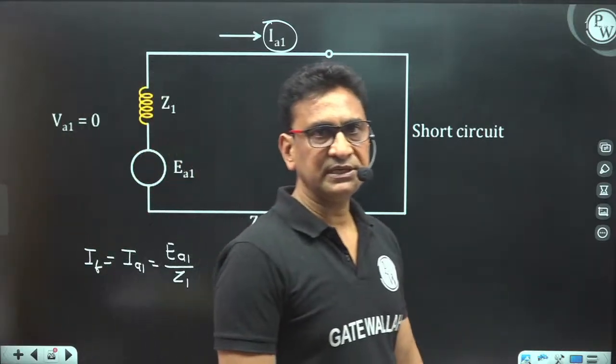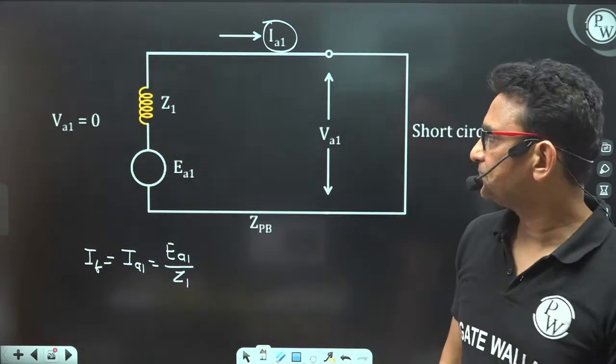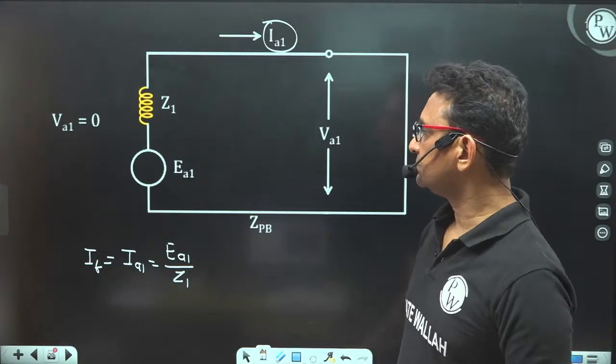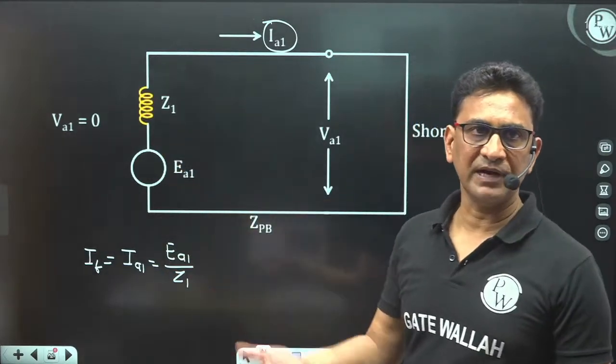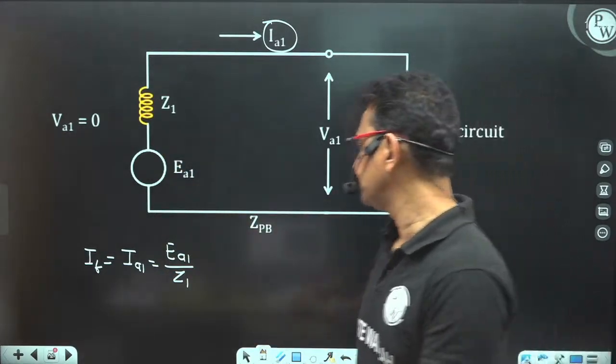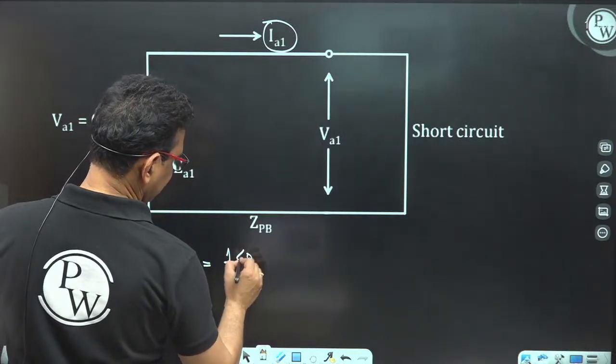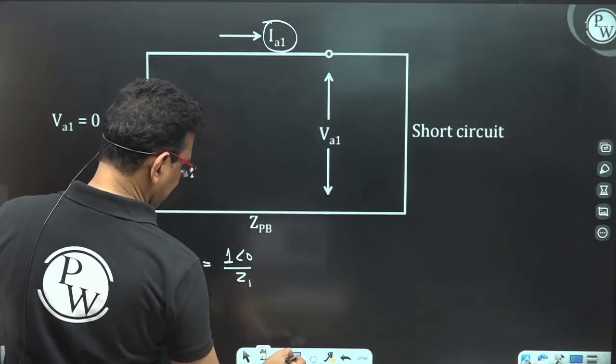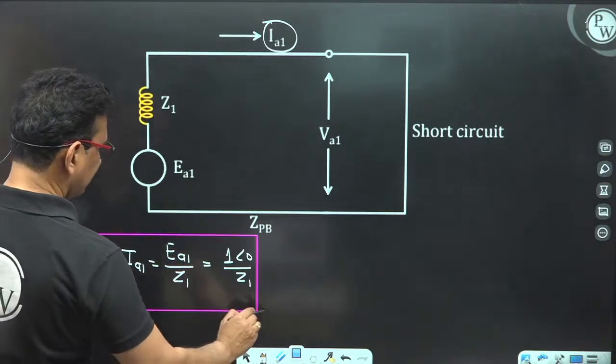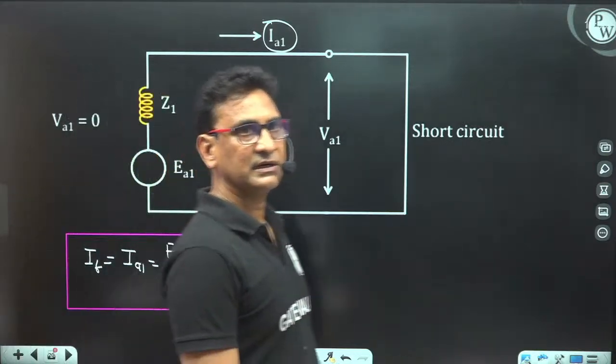If we assume that the no load current is equivalent to 0, then EA1 is a nominal value, which is 1 angle 0 degree. So it has become 1 angle 0 degree divided by Z1. By using this formula, we can find out the value of fault current.